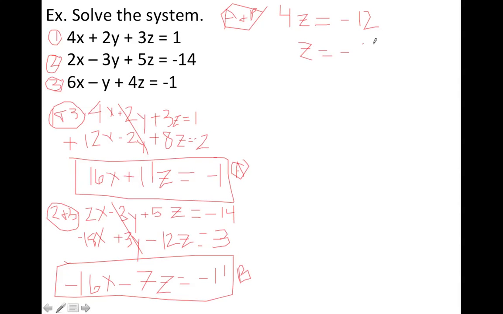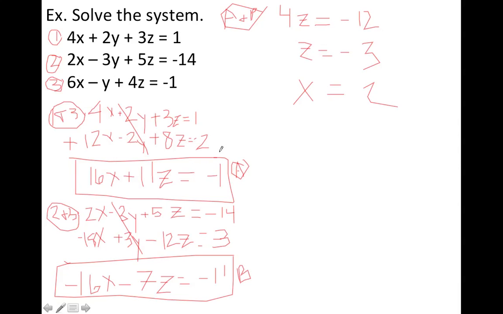Now we have to solve for x and y. To solve for x, we can do that very simple by plugging it into either a or b. So we plug in negative 3 for our z here, and we should get x equals 2. And now that we have two of our variables, we have to plug it back into one of our original equations to find y.